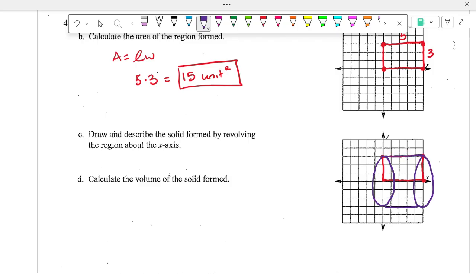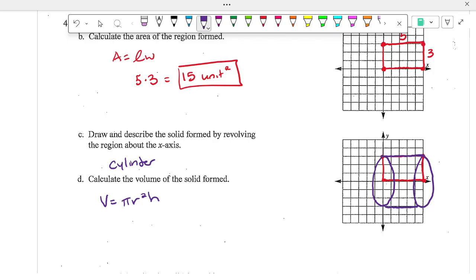It creates that cylinder. Now, this is kind of just more of the same. We've already done this. So now if we calculate the volume, what's the formula for volume of a cylinder? Pi r squared h. If you notice, guys, it's basically the area of the circle times height. So pi r squared times height.